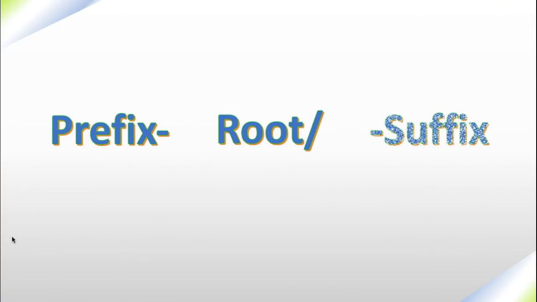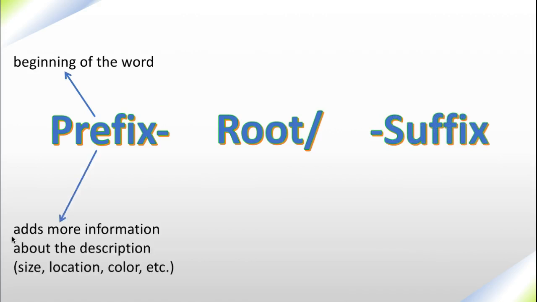The word parts include a prefix, a root, and a suffix. The prefix comes at the beginning of a word, and it's used to add more information about the description, such as the size, location, color, etc. Not all words have a prefix.